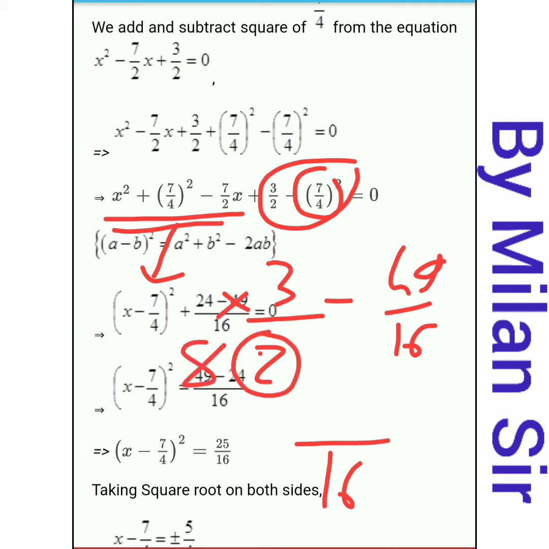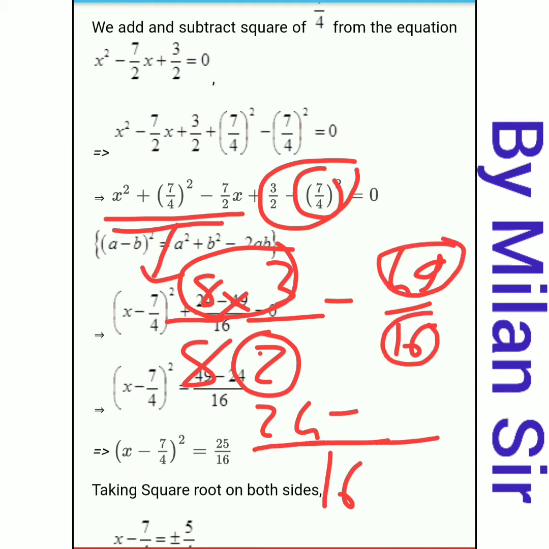We need to multiply it by 8. So the same thing we need to multiply in the numerator. So multiply and divide by 8. So in the numerator 8 times 3 is 24 and the denominator becomes 16. That is our LCM. Then the numerator minus 49 as it is, is equals to 0.